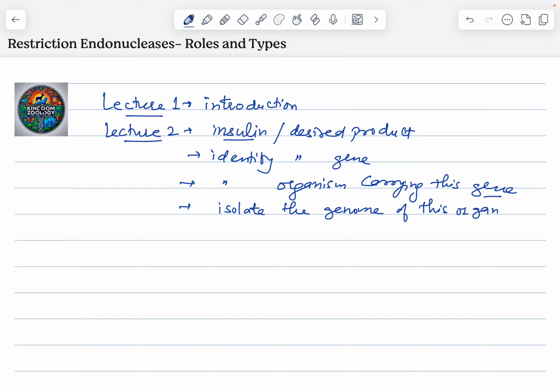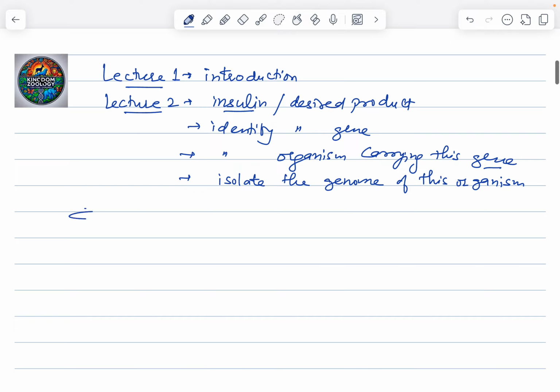The genome isolation process I told you in the previous class ended with the step where, in the test tube, we had taken the cells of the organism whose genome is to be isolated in a buffer solution. First of all, we added the cell wall digesting enzyme if you are taking out the genome of a plant, fungus, or bacteria cell. And then you add cell membrane digesting detergents like SDS.